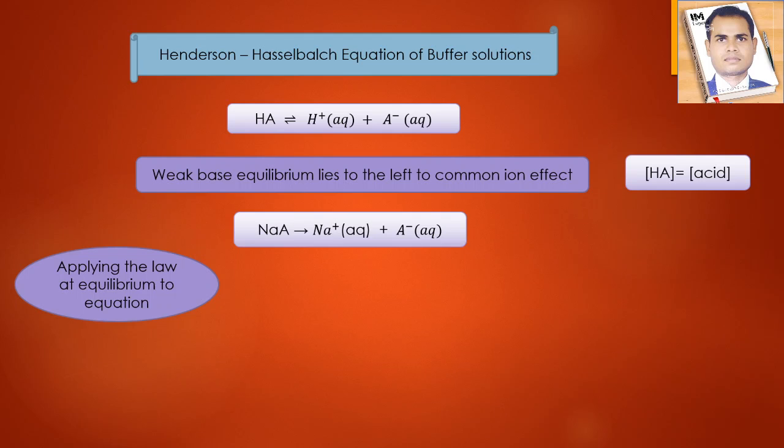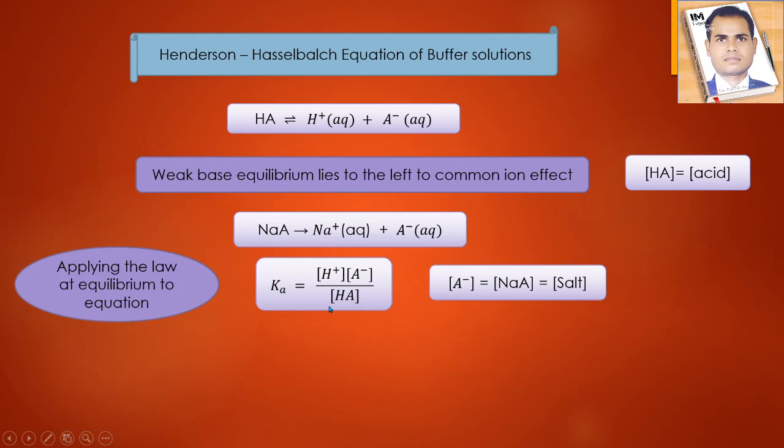Now applying the law of equilibrium, you get Ka, the dissociation constant for the acid, equal to the concentration of H plus times the concentration of A minus, the product, divided by the concentration of HA, the reactant.